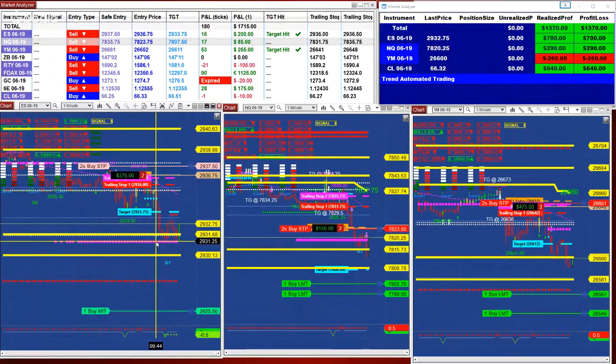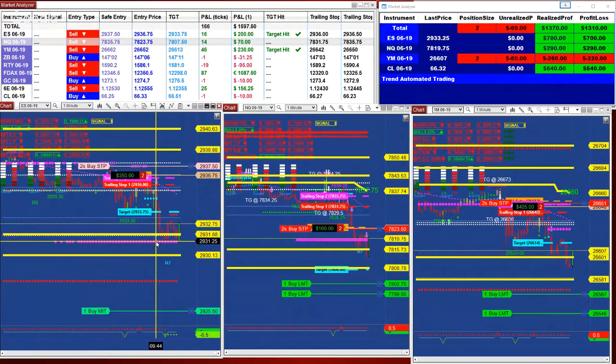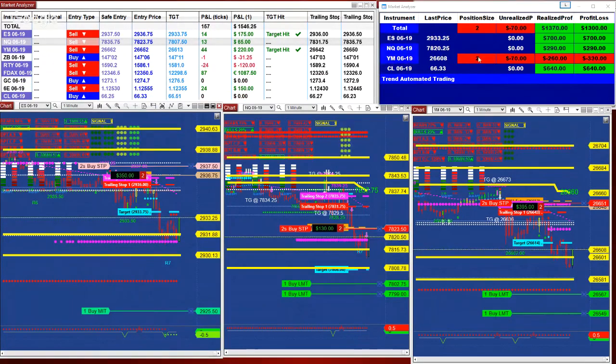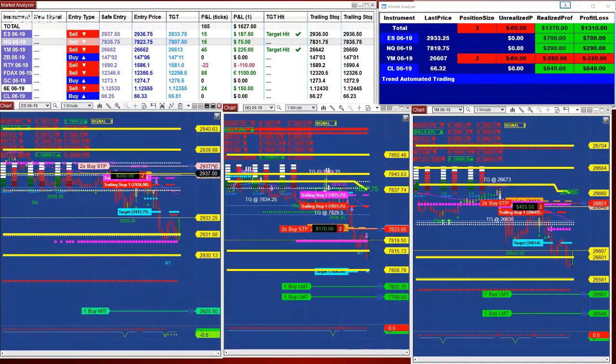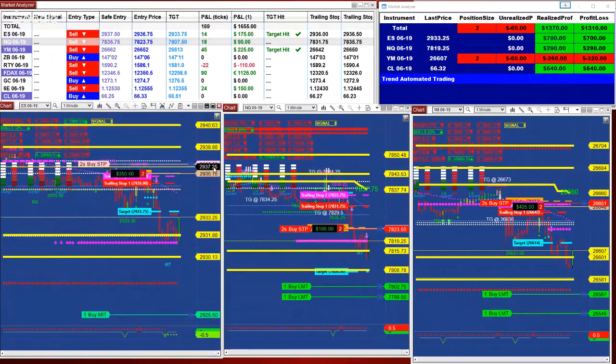We will see where this pullback is taking us, and then we will analyze the market and let you know. Like right now, the YM took a short trade on the scalper. If you want to follow the scalper, or if you just want to follow the signal, stay with the signal, and we will be covering what's going on today in the market.